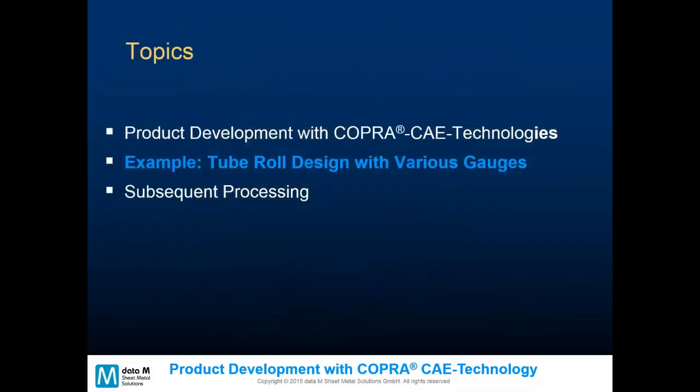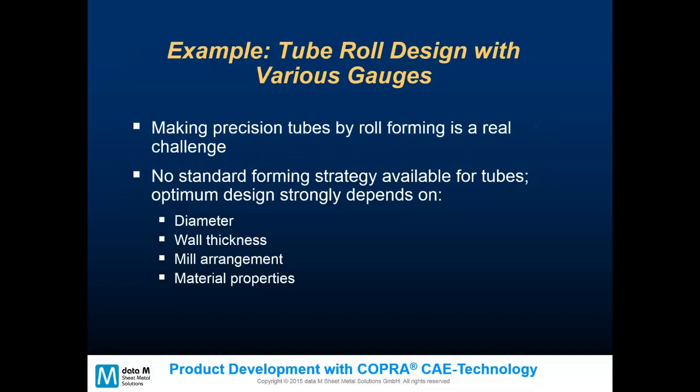So the next thing we're going to discuss is an example of a tube roll design with various gauges. So I have a few slides here. If you consider making precision tubes by roll forming, it is a real challenge.